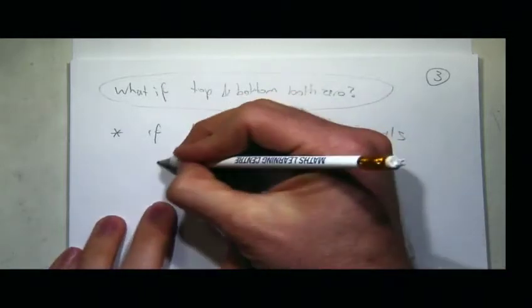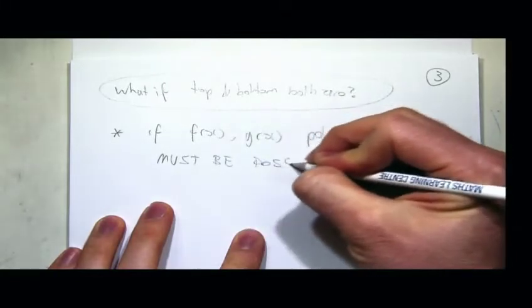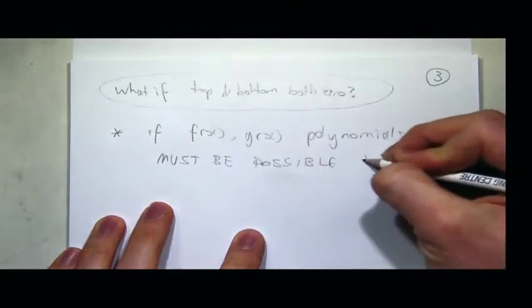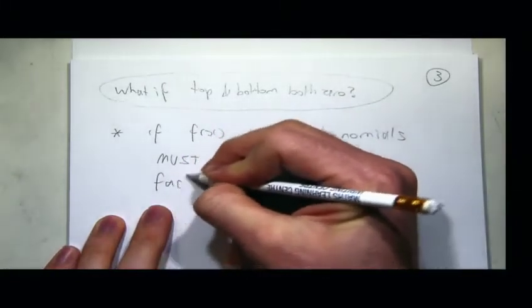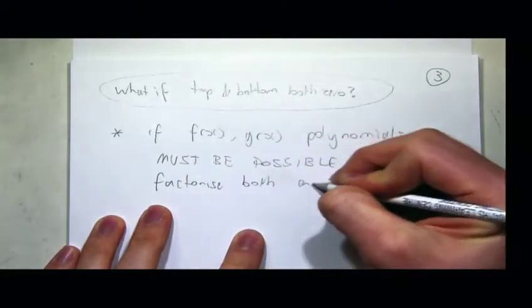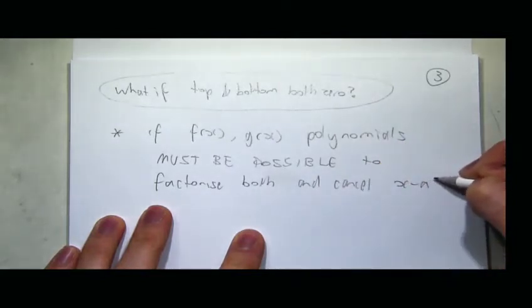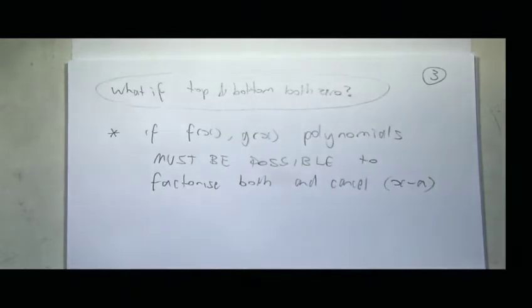So it must be possible to factorise both and cancel an x minus a.